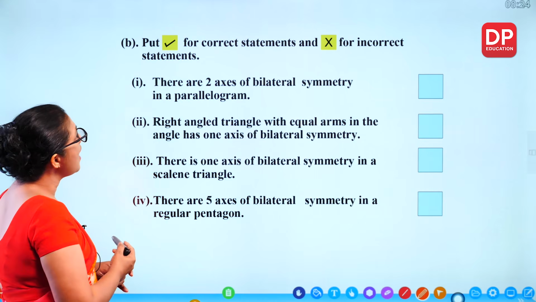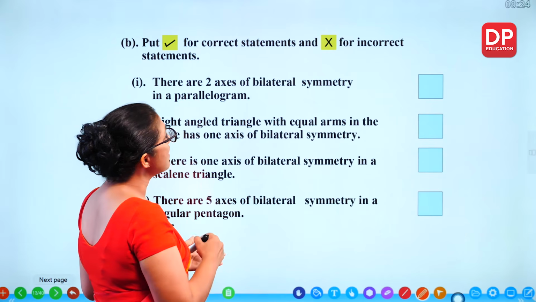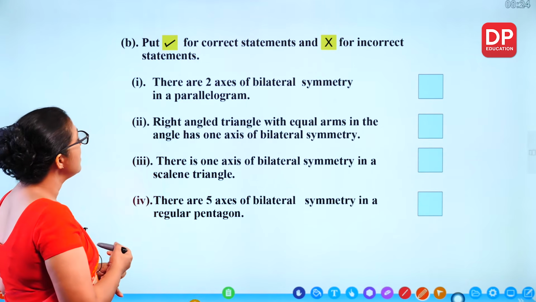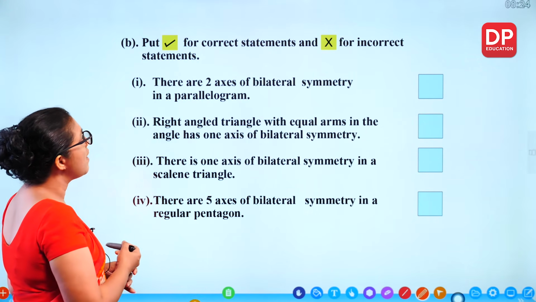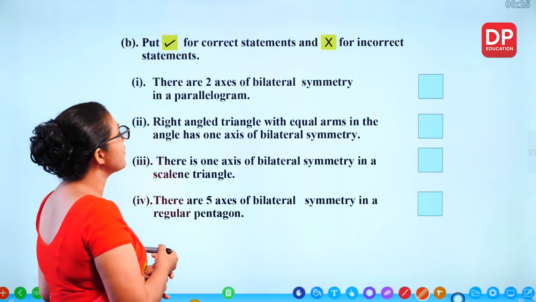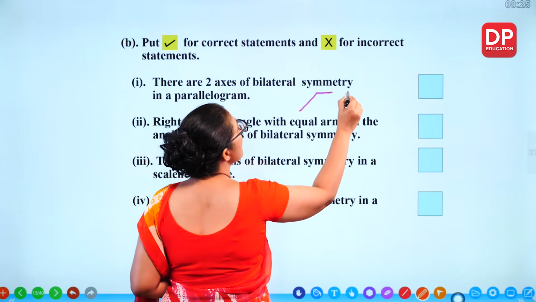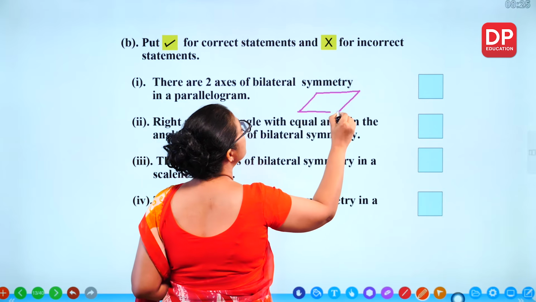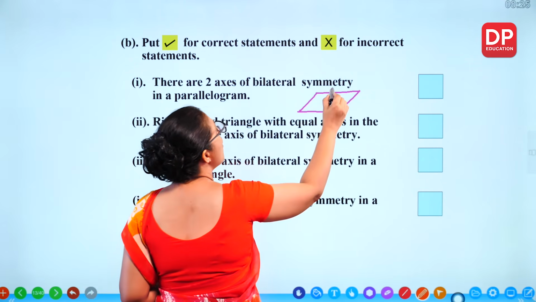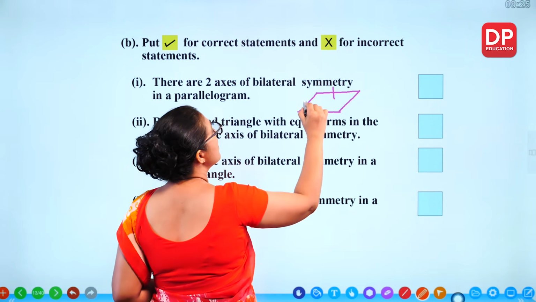Put correct sign for correct statements and wrong sign for incorrect statements. There are two axes of bilateral symmetry in a parallelogram. What do you think? Parallelogram, only opposite sides are equal.